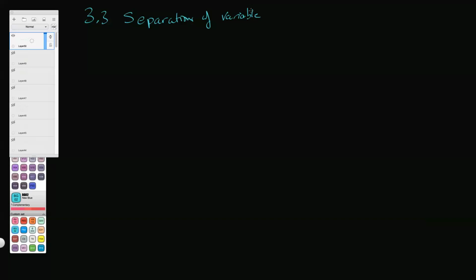You just can't. And so you're screwed. You have to use perturbation theory to approximate an answer, or you have to use a computer. But you should always try, see if you can separate your equations.